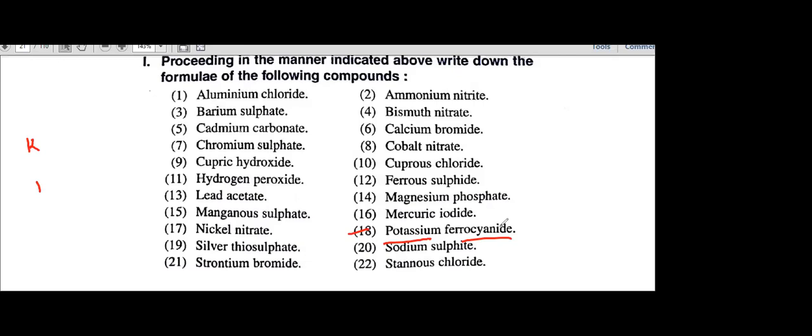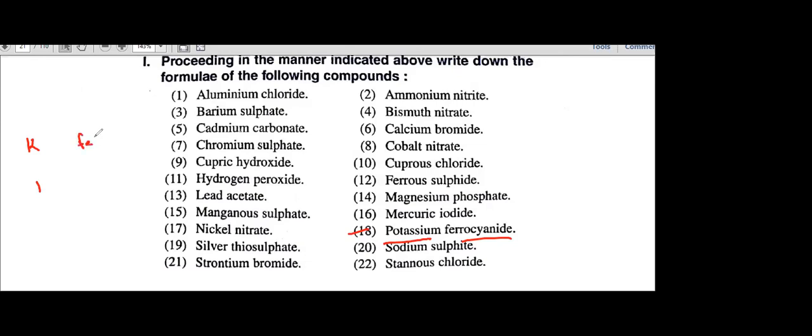You have to remember. Tell me, everyone should remember the formula of ferrocyanide.